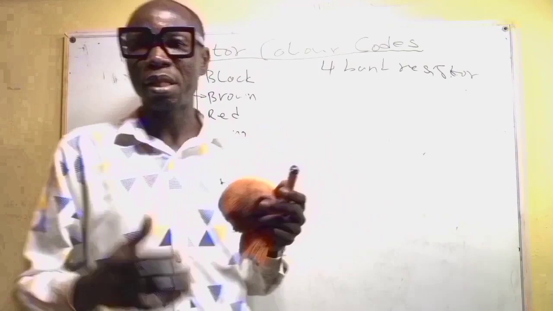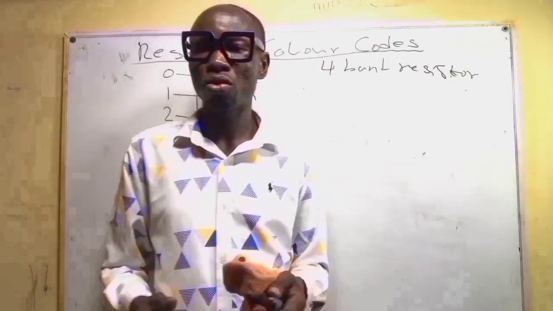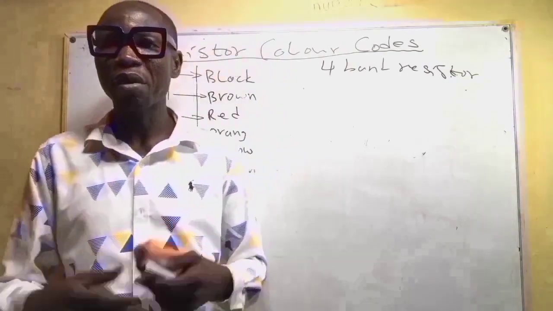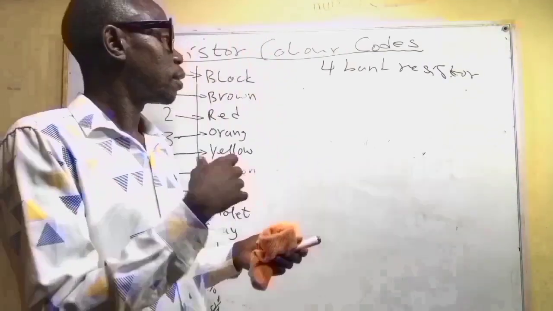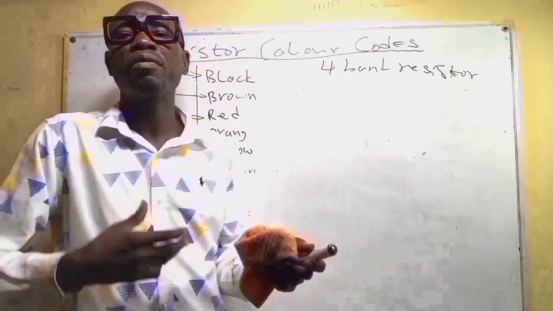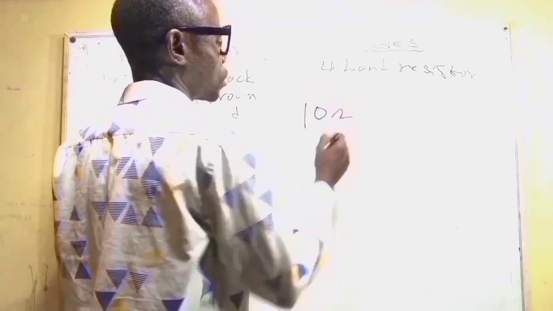The resistor is designed in the laboratory, but anything that electric current passes through has a resistance, and the higher the resistance, the more difficult it is for electric current to flow. Let's say we have a 10 ohms resistor.